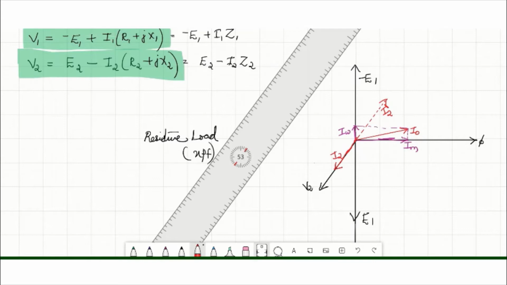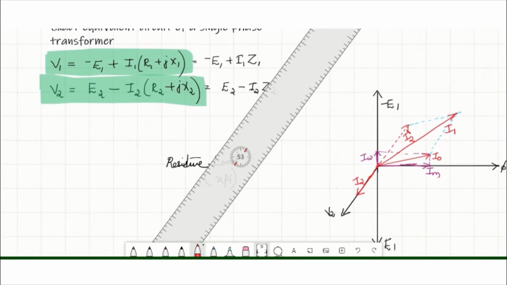In order to draw resultant, construct a parallelogram with sides I0 and I2 dash. Now I have constructed a parallelogram, and one side of the parallelogram is I0 and another side is I2 dash. Hence, diagonal of this parallelogram will be I1. This is the resultant of I2 dash and I0, which is I1.